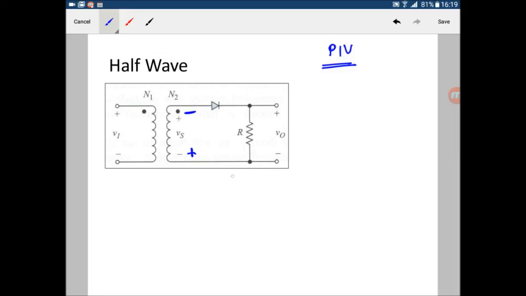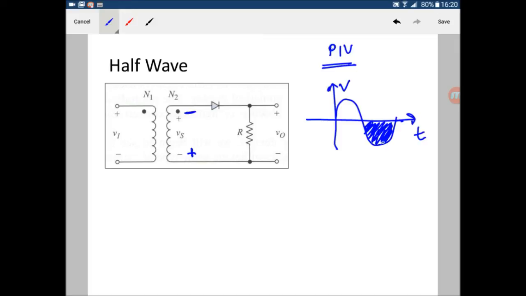Okay, so this is what happens in reverse bias. If that's the case, and if you look at the input, if you have a voltage graph of the input, this is V, this is time, so it will be like that. So for reverse bias, the input is at this negative cycle here.